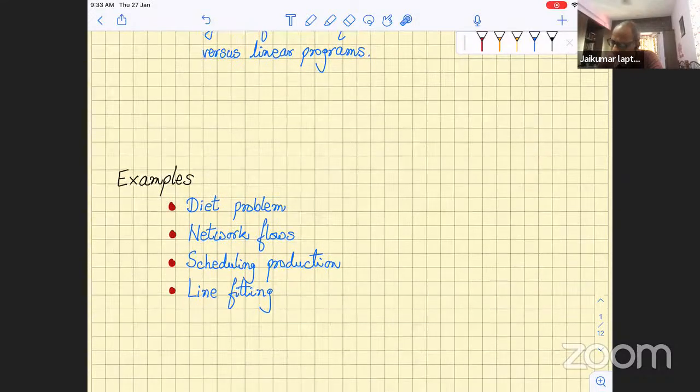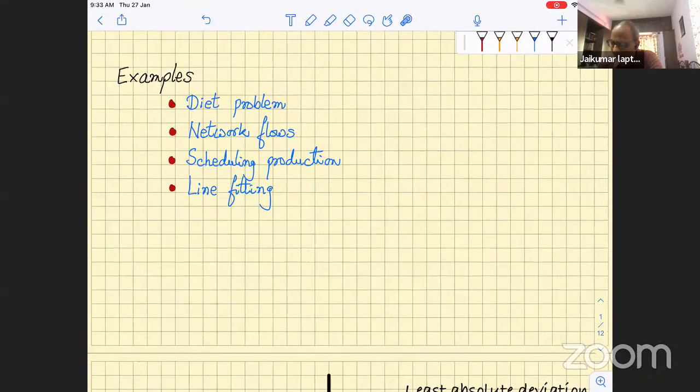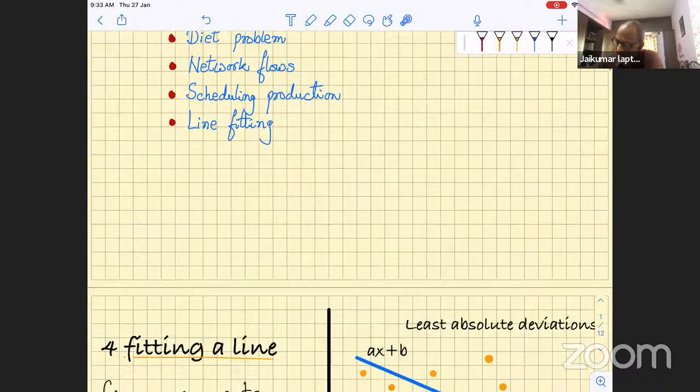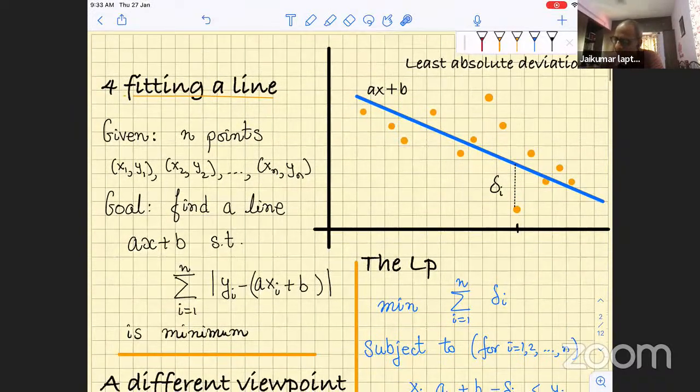And there was this problem of line fitting. And I informally mentioned that, but let me just, so the plan is to start at line fitting today and review what I said without preparation last time. And then I will tell you some other examples. Okay. So this was the fourth example. So you are given these points here, and everything is in 2 dimensions right now.